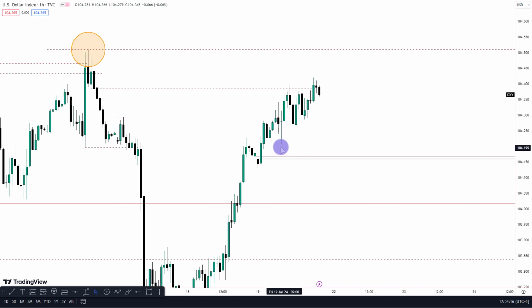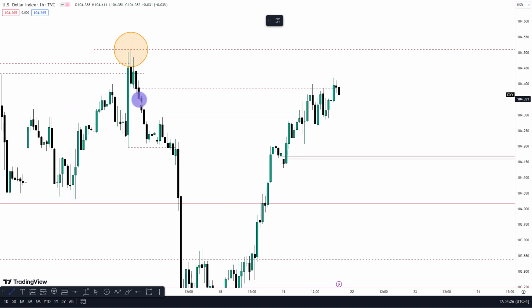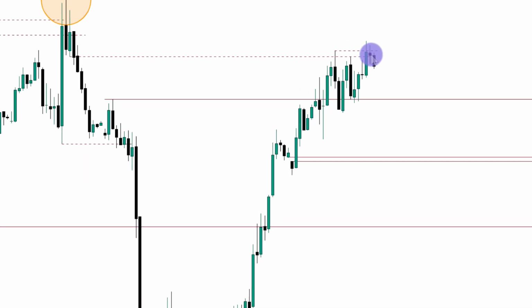So another alternative is that price action is most likely also going to do something like this, because we see price action has just returned into a bearish order block here and has just grabbed liquidity above that high. So in the new week, if we see price action trade below the relative equal lows here, and trade into this bullish order block on the 1 hour with a fair value gap.